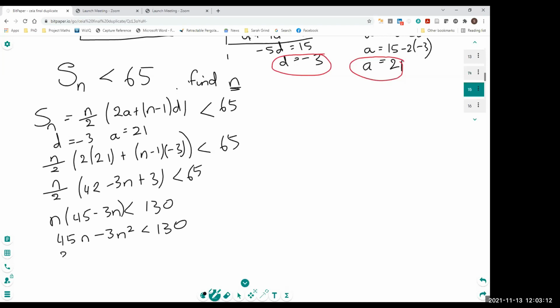So we can rewrite that a bit by moving things over and back. We get 3n squared minus 45n plus 130 equal to 0 for the purposes of solving it. Solve for x, solve for n.